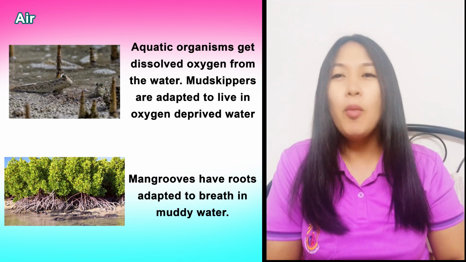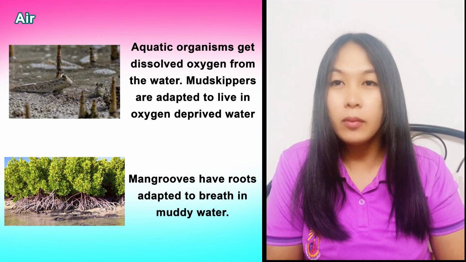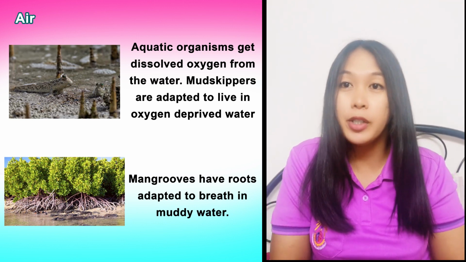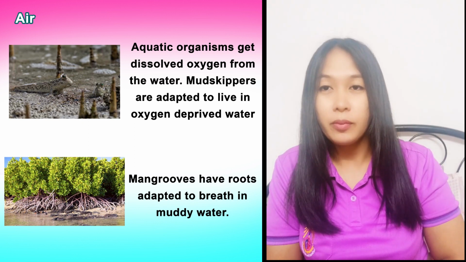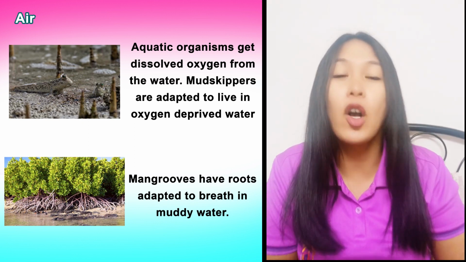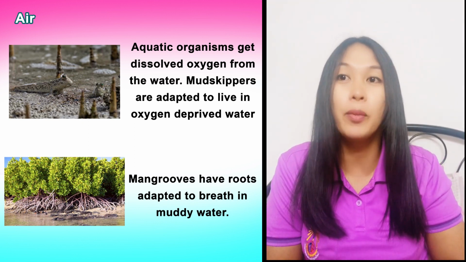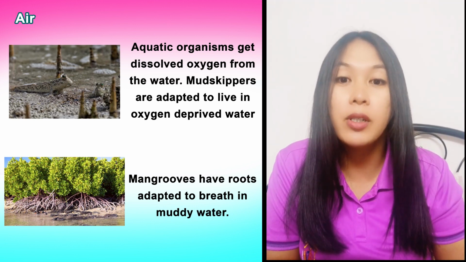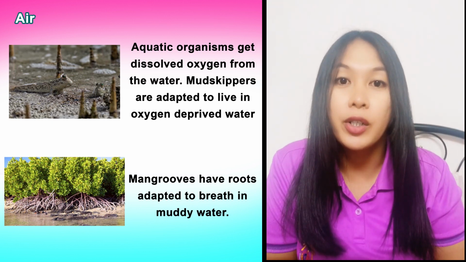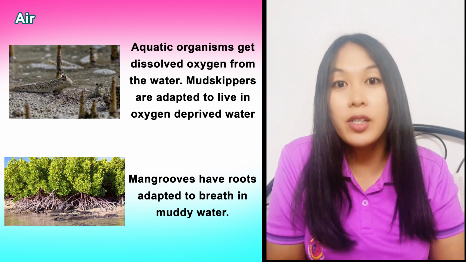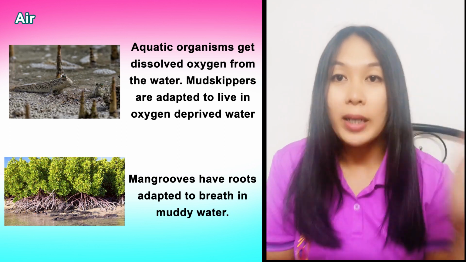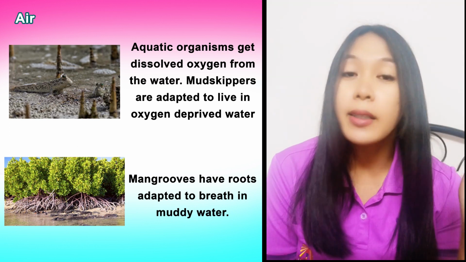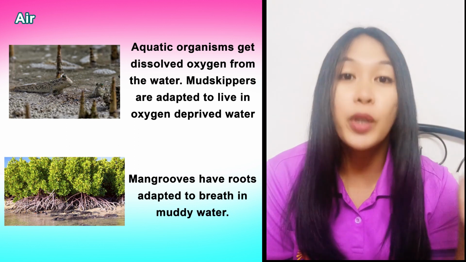However, there are different animals that are adapted to live in oxygen-deprived water. For example, the mudskipper is adapted to survive even if the water has a very low oxygen level. But aquatic organisms, or those animals that live in the water, get dissolved oxygen from the water.